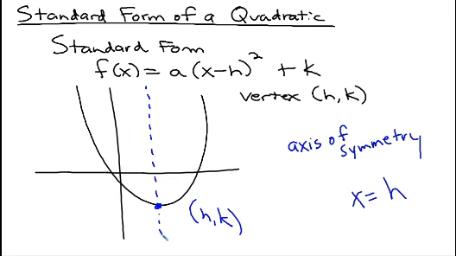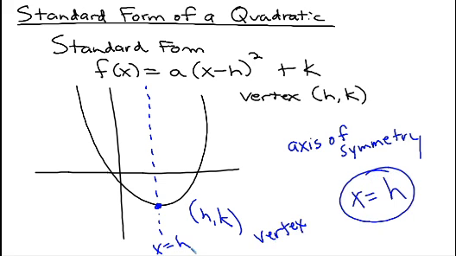So that's why we're interested in the standard form of a quadratic, because it will tell us where this vertex is. Remember, this is the vertex down here, and it will tell us the axis of symmetry, which is this vertical line right here. But there's some algebra involved with this. And let's go ahead and look at an example.